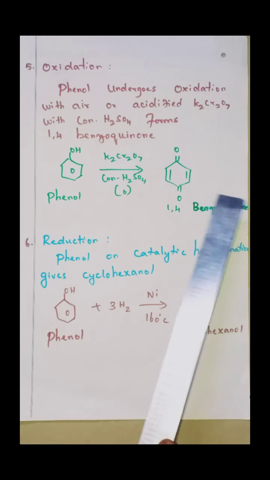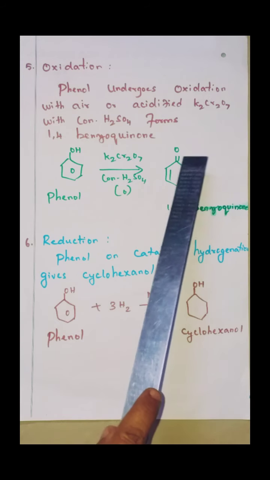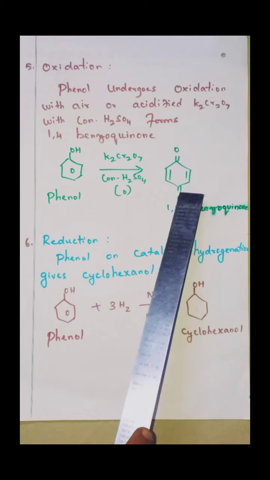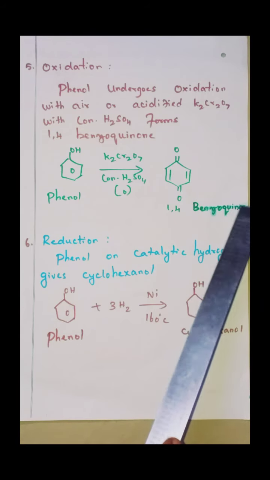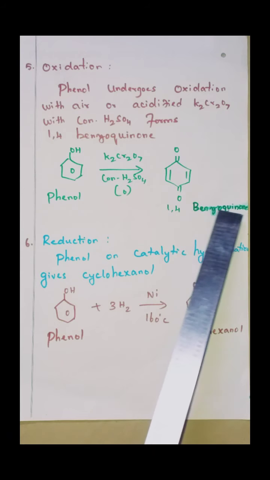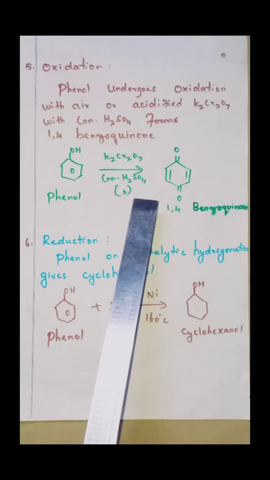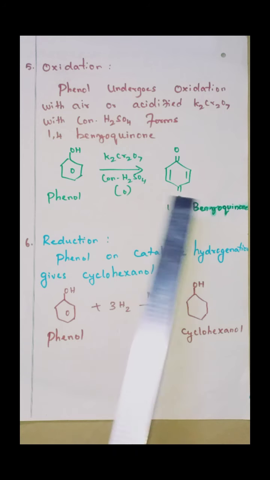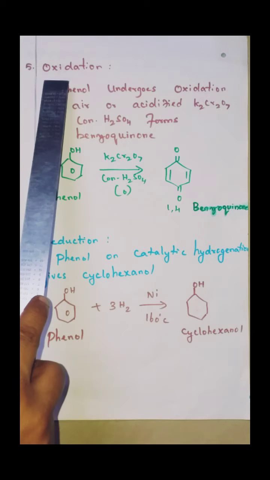This is a keto group, double bond O, here also double bond O. It forms a 1,4: first, second, third, fourth position. The first position and fourth position have this group. So it forms 1,4-benzoquinone. So phenol oxidized with a powerful oxidizing agent forms 1,4-benzoquinone. This is oxidation, so removal of hydrogen takes place.